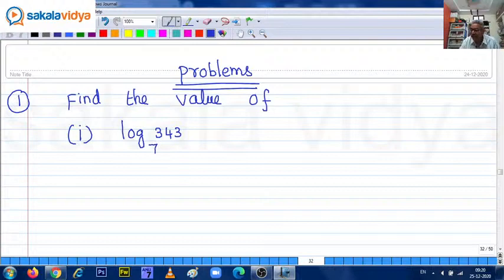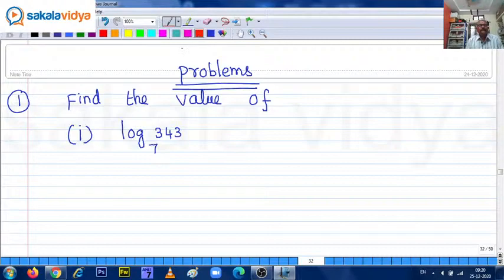This kind of question will definitely appear in the examination. Please, my dear children, you need to concentrate on this one. This is very, very important. Find the value of log 343 to the base 7. Let me explain the two methods here.